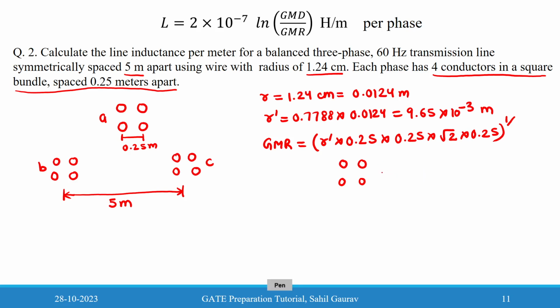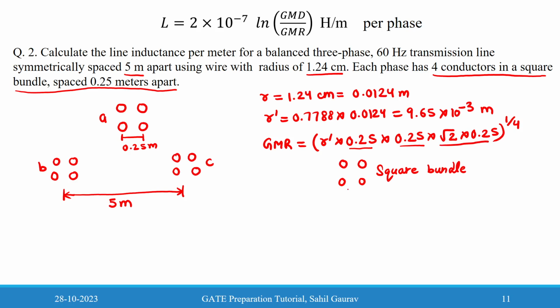Yes, a square bundle. So 1 divided by 4. This is for one conductor r dash, and the other conductors are all displaced by 0.25 meter, and diagonally the distance is root 2 into 0.25.